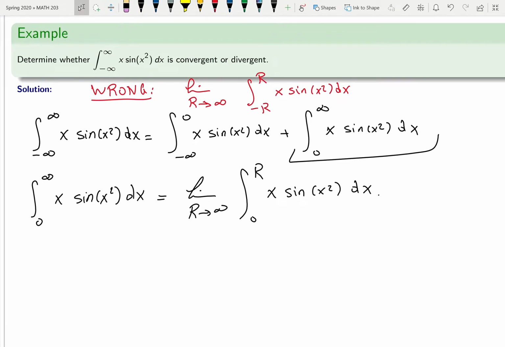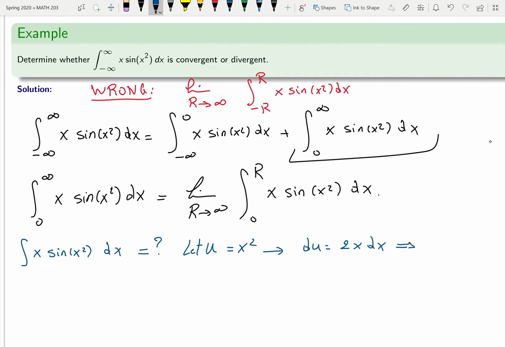Just on the side, we're going to compute the integral of x sine of x squared dx. To compute this integral, notice that the inside function x squared has derivative 2x, which is a constant multiplied by x, so it makes sense to choose u to be x squared. That means that du is 2 times x dx, so dx is du over 2x.